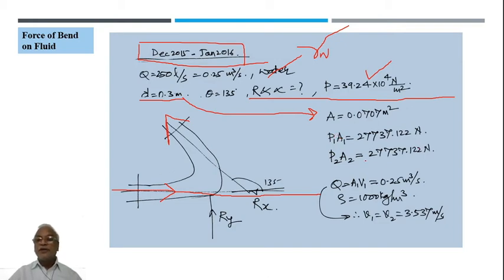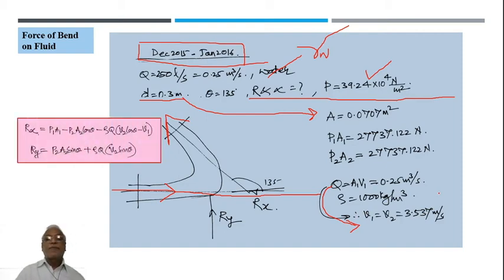So P1A1 and P2A2 come out to be 27,737.122 newtons. Now Q equal to A1V1, which is 0.25. Rho is 1000 kg per meter cube. Now velocity from this equation becomes V1 equal to V2 because there is no change in diameter, 3.537 meter per second.